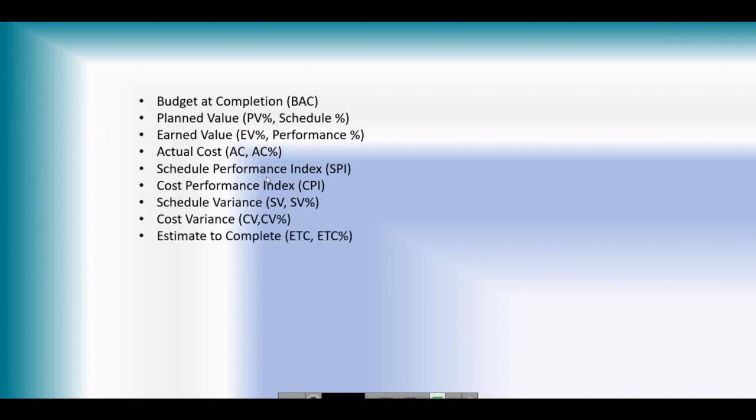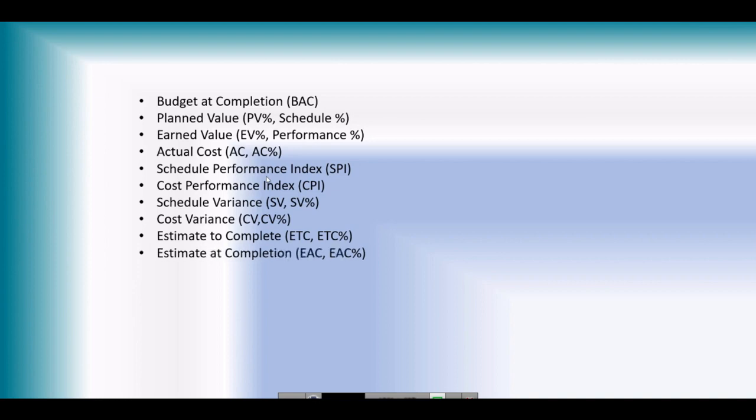Estimate to complete tells me how much budget is remaining in my hand, which can be a percentage, let's say 35% budget is remaining, or it can also relate to how much scope is remaining in my budget. We will see which formula to use in DAX development, during the KPI development. Mostly it is used as an amount, or the budget remaining in your hand.